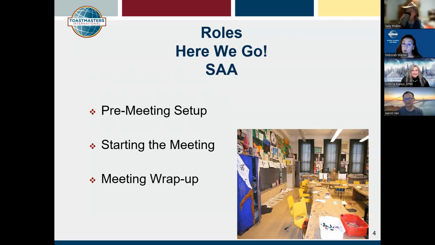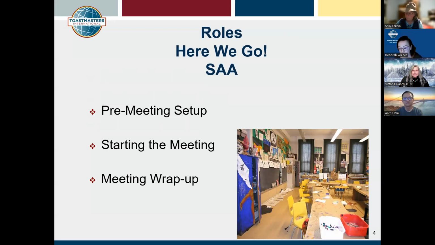So we're on roles. Here we go. We're going to start out with the Sergeant at Arms. The Sergeant at Arms, we want to be early to the meeting. Each club operates differently. If you have just an in-person club, their job is to get there early and set up the room.